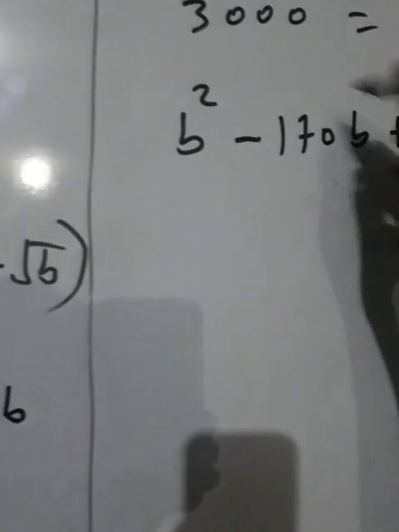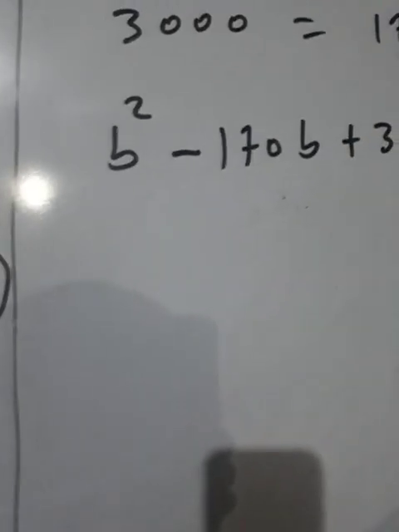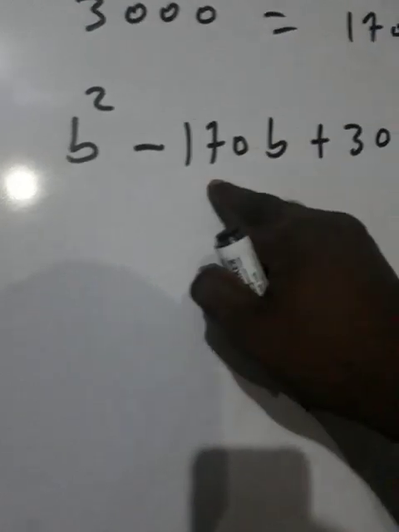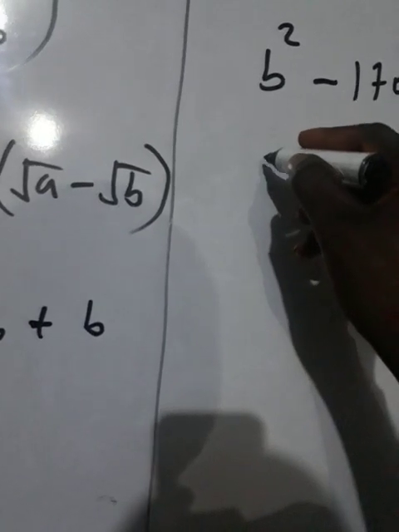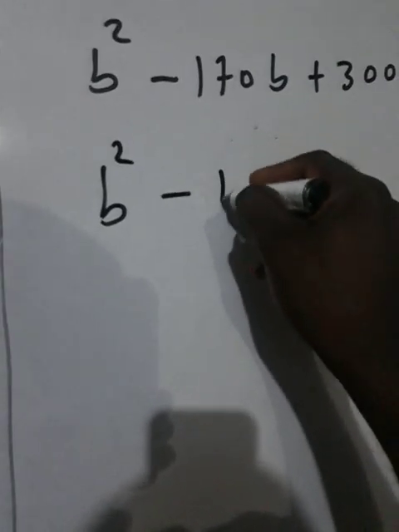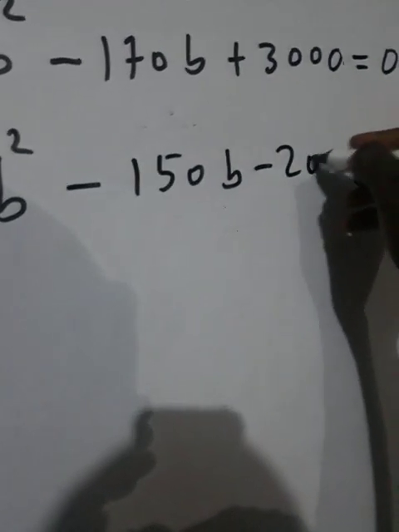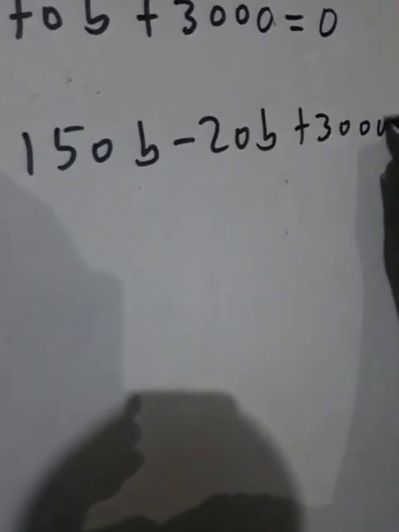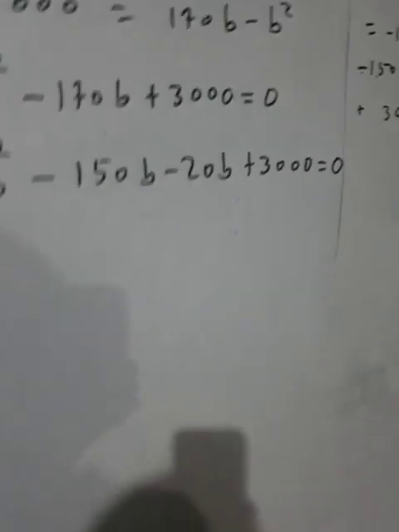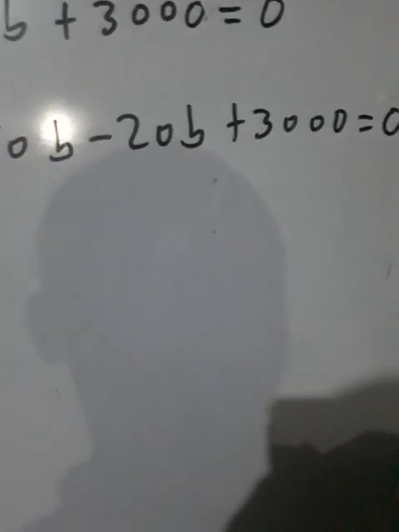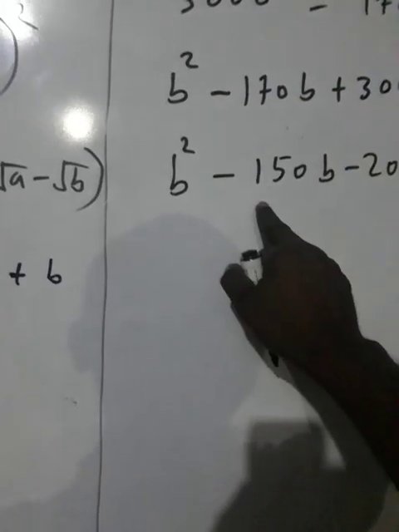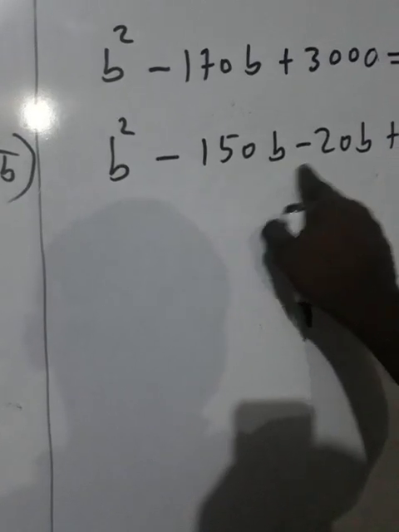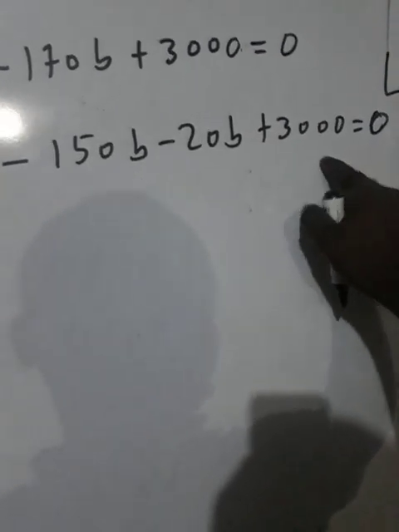So expand minus 170b to minus 150b minus 20b. In this case, I have b squared minus 150b minus 20b plus 3000 is equal to 0.